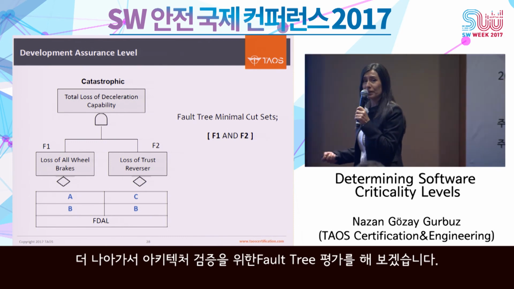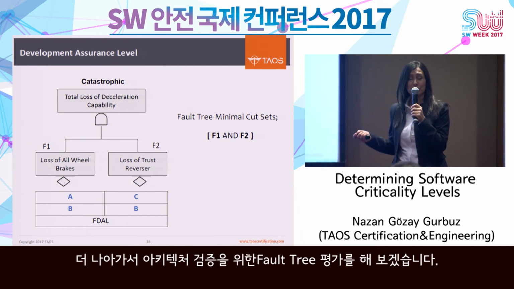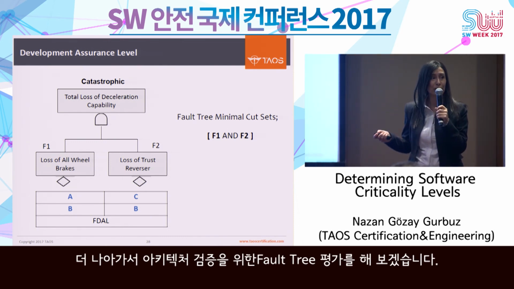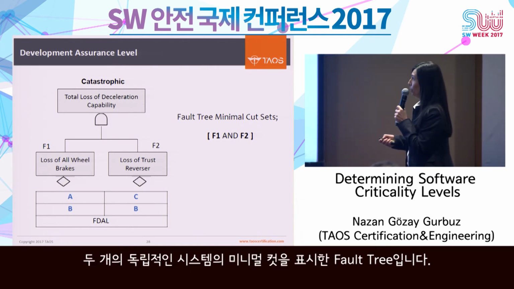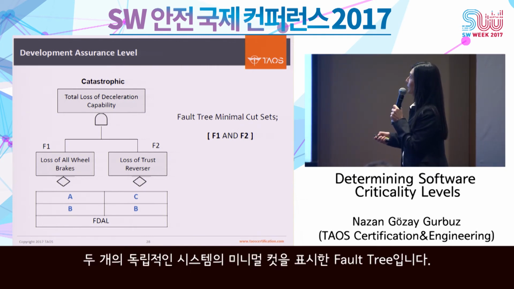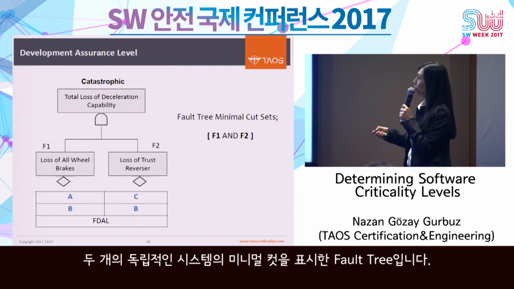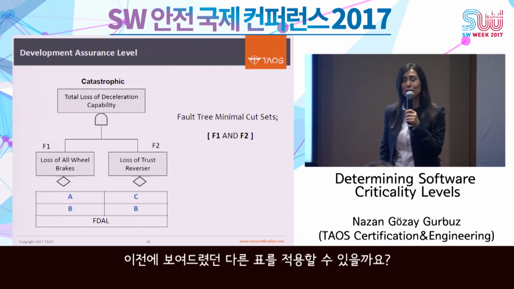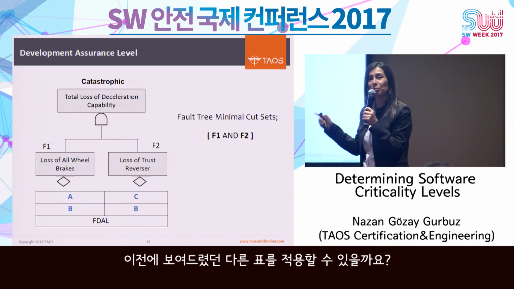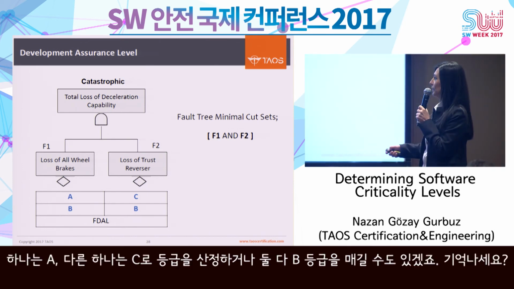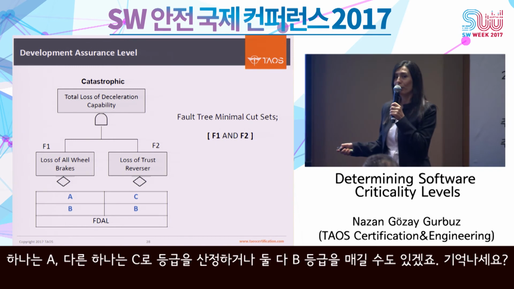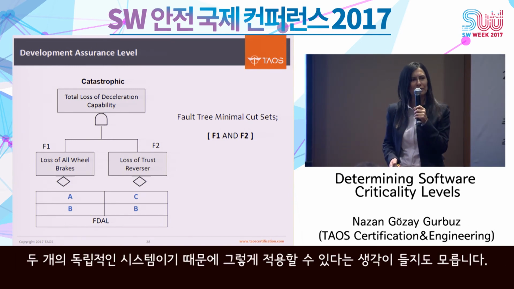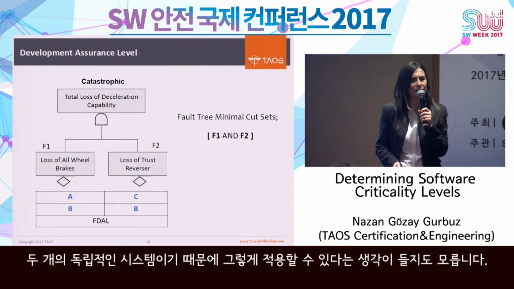And go further, we did a fault tree assessment to evaluate the proposed architecture. Oh, an AND gate, independency. The fault tree says the minimal cut set has two independent functions here. Good, can you remember the other table? I can assign one system A and the other one C, or two Bs, remember the options? It seems we can use that right now because it's two independent systems.